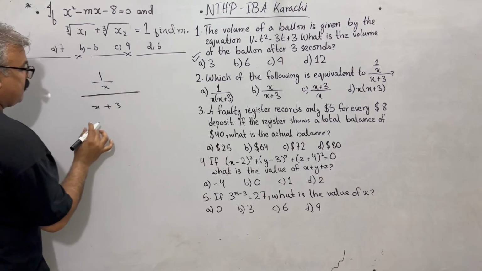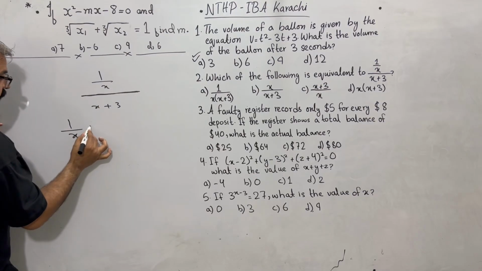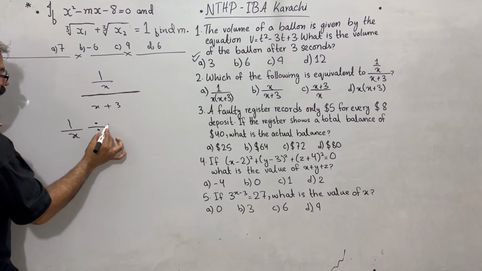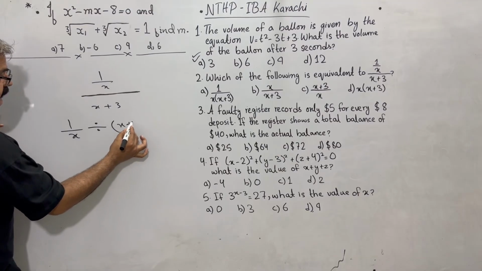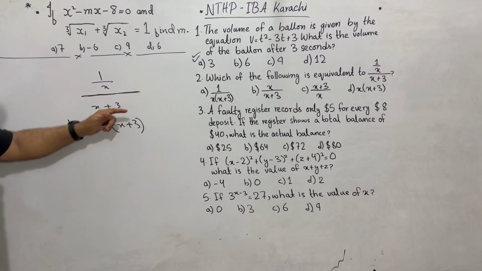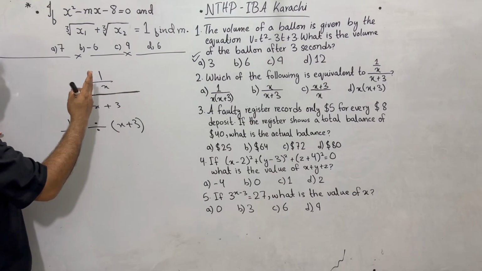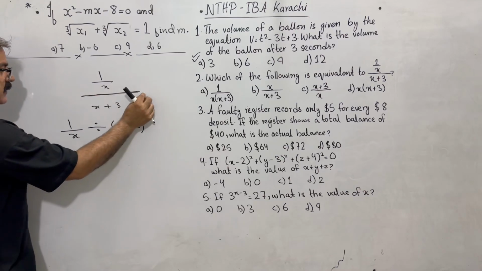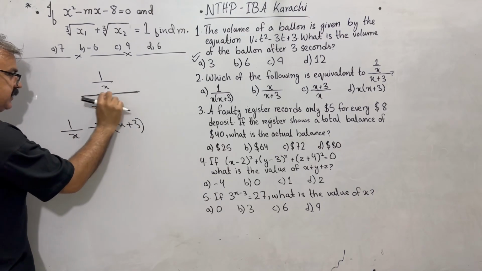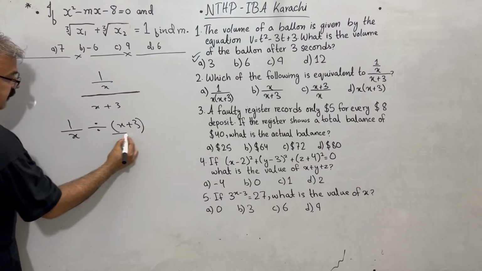Just replace this with the divide symbol. 1 upon x, instead of upon, let me write divided by x plus 3. It's cool now: 1 over x divided by x plus 3. Just instead of upon, write down division. Now we are familiar.